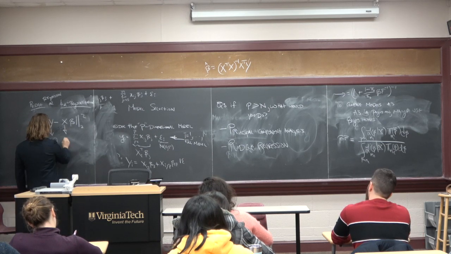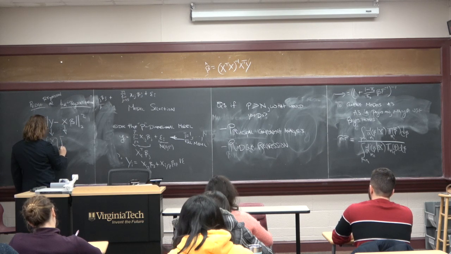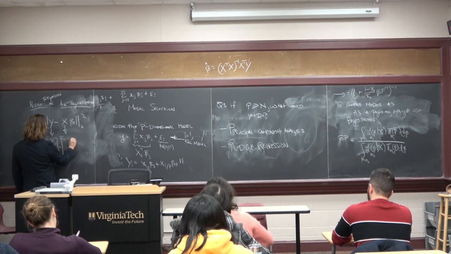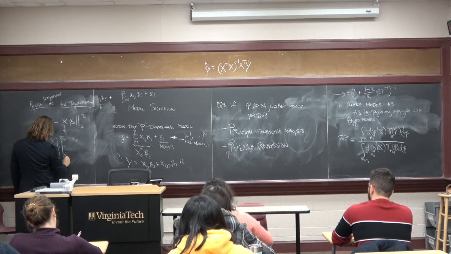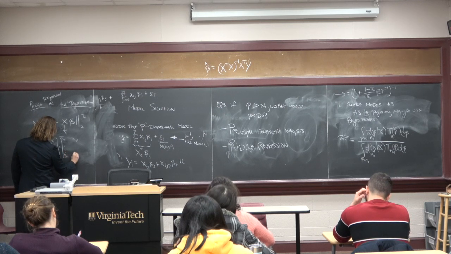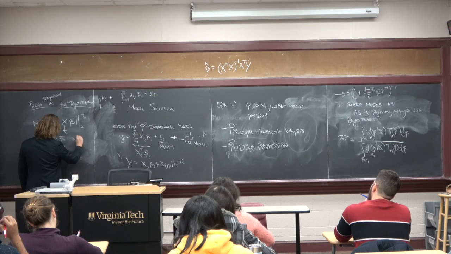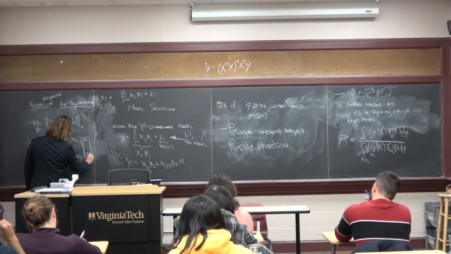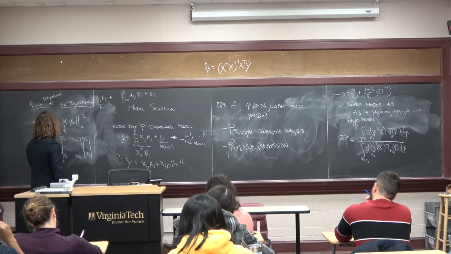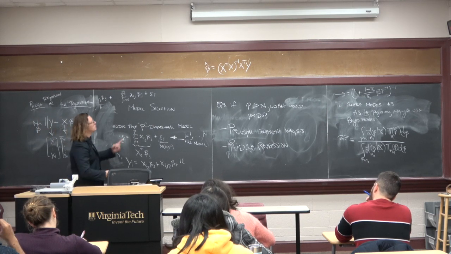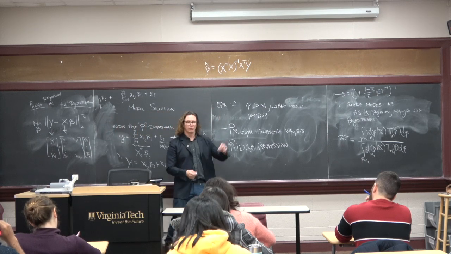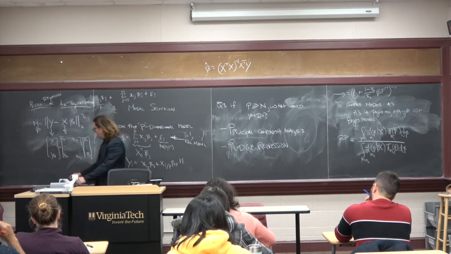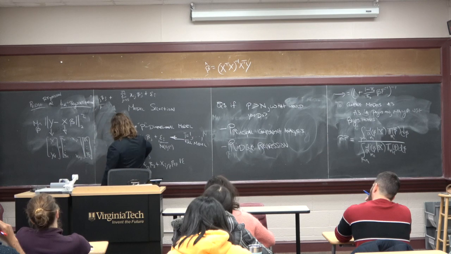This is my x matrix, x11 to x1p, down to xn1, xnp, and the betas would be beta 1 through beta p. Okay, so this is your typical solution. You can do some calculus and figure that out.